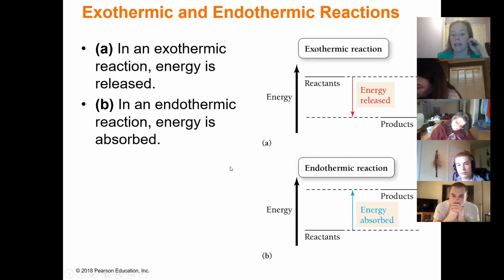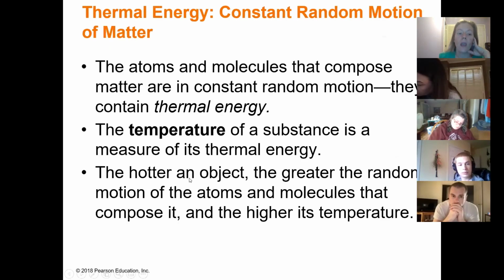So we have both of these happening simultaneously. Usually in an exothermic reaction, energy is being released, so you'll see a loss in heat, or a negative value for heat. In an endothermic reaction, you're absorbing the heat, the energy, so you have a positive value. And we'll look more at that quantitatively.